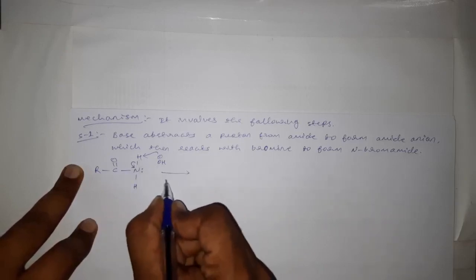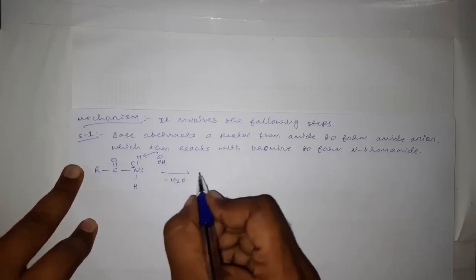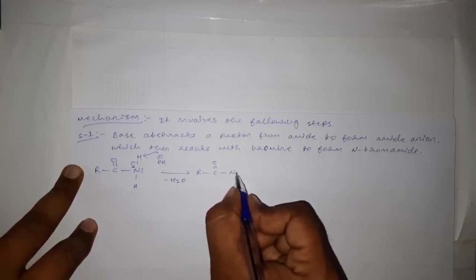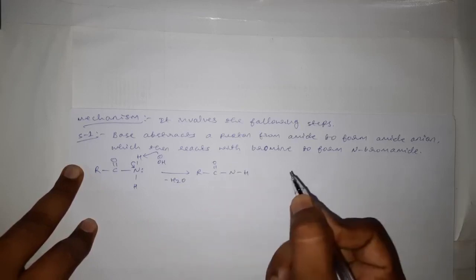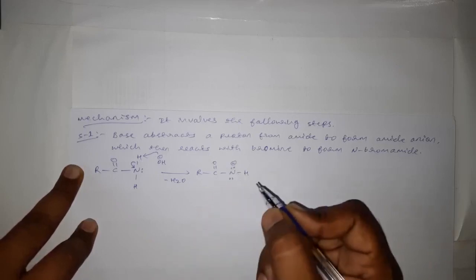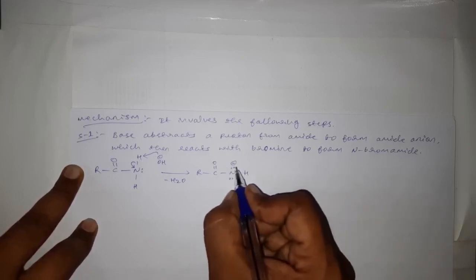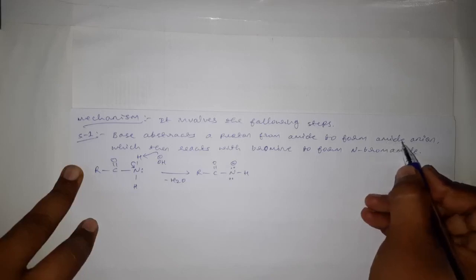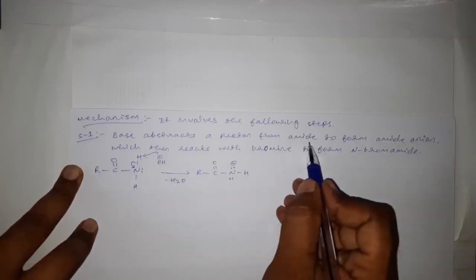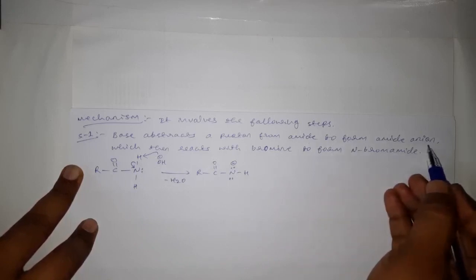After the loss of a molecule of water, we get RC double bond O N H. Here it has only 2 bonds with 2 lone pairs of electrons, and therefore it gets a negative charge, which is called the amide anion. First, the base will abstract a proton from the amide to form the amide anion.